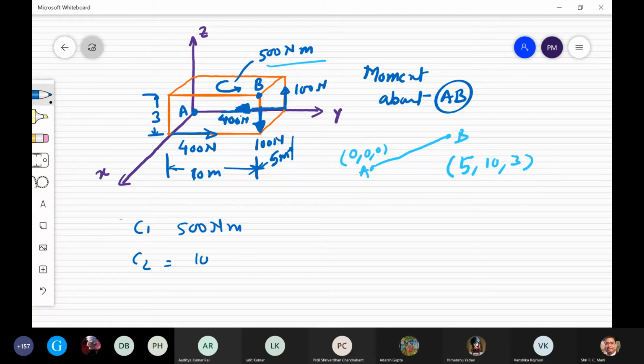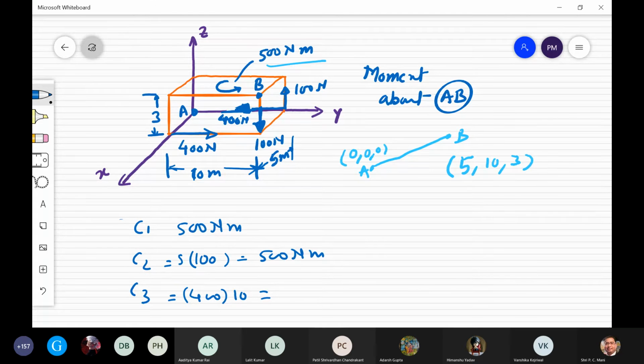C2 is 100 into 5, so 5 into 100, that is 500 Newton meter. And C3 is 400 into 10, that is no, 400 into 5.